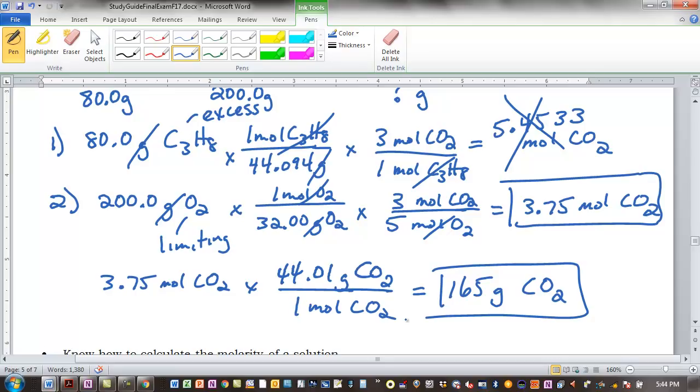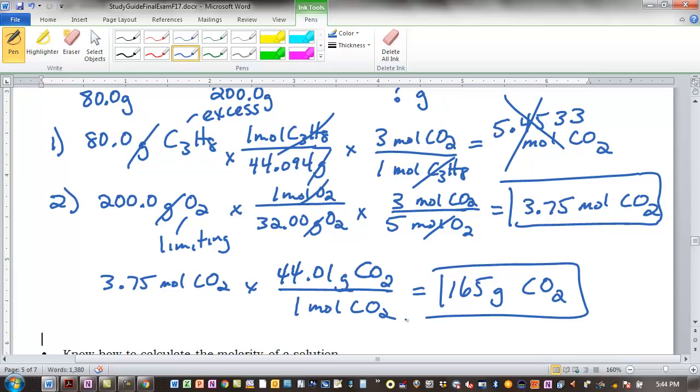Yes? When you're doing it back to grams, the 3 in front of CO2 doesn't matter? No, because that 3 in the equation is really just the mole ratio. So that factors in earlier. But we know the moles of CO2 that we have, and we're then just multiplying by the mass of 1 mole.